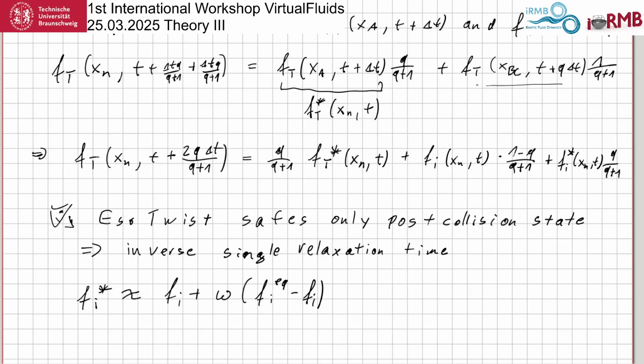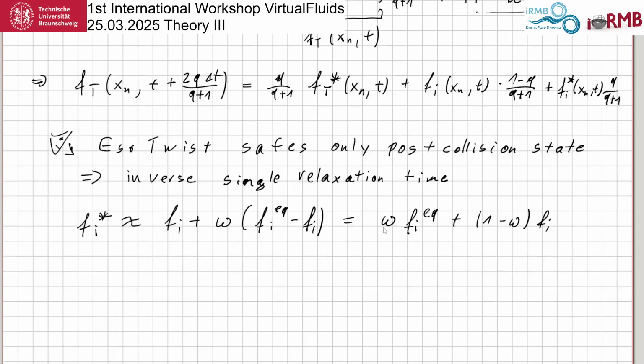So this is what BGK does, which we can write as omega Fi equilibrium plus 1 minus omega Fi, such that we can approximate Fi before collision as the one after collision minus omega Fi equilibrium, divided by 1 minus omega.